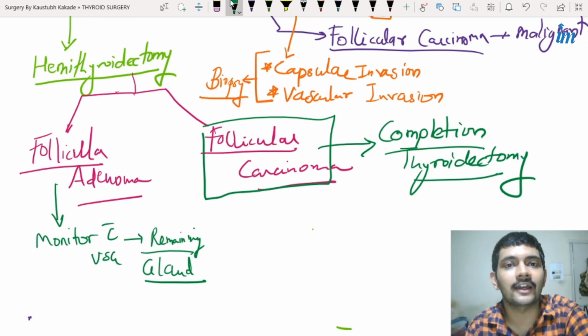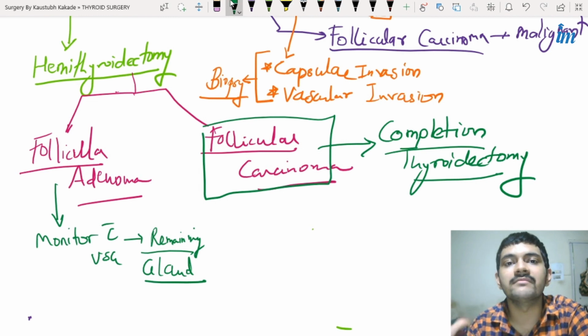So you will do a hemithyroidectomy, remove the half part which is involved with that nodule, and send it for biopsy. The pathologist will report it to be an adenoma or a follicular carcinoma. If it comes out to be follicular adenoma, that is benign, monitor the remaining gland with ultrasound for 6 months.